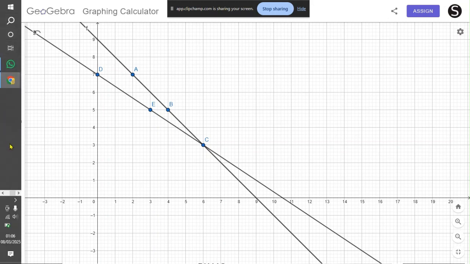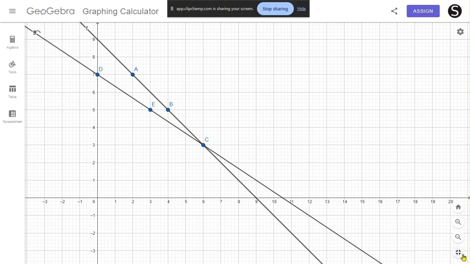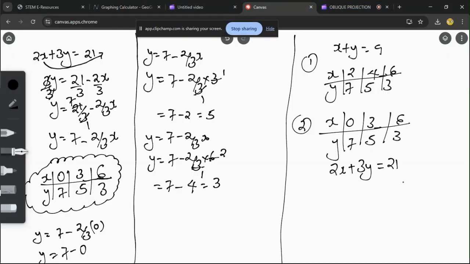So I'll come to my working here. The two lines, where they are meeting, is just something like this.